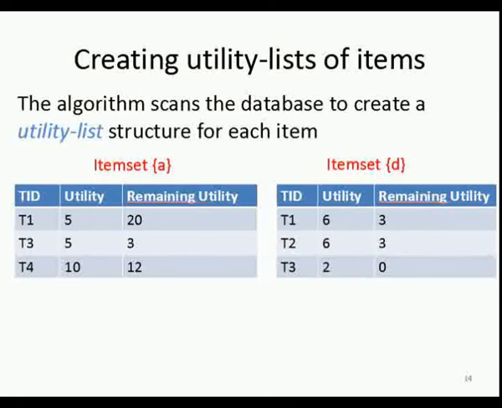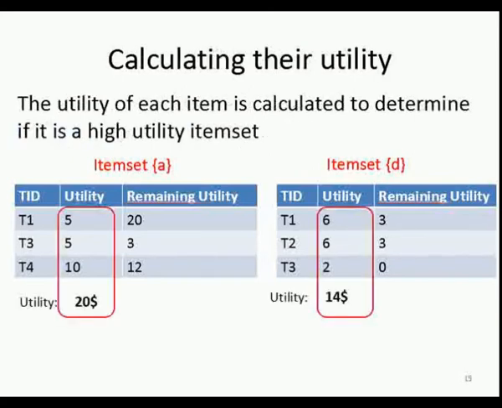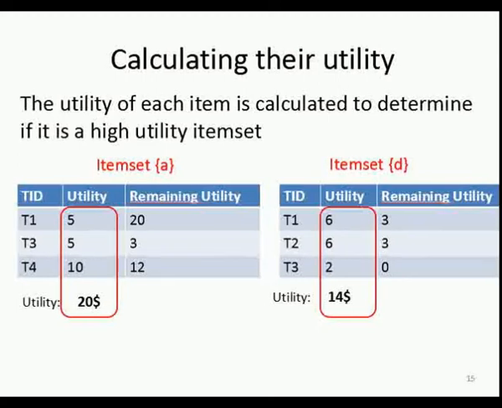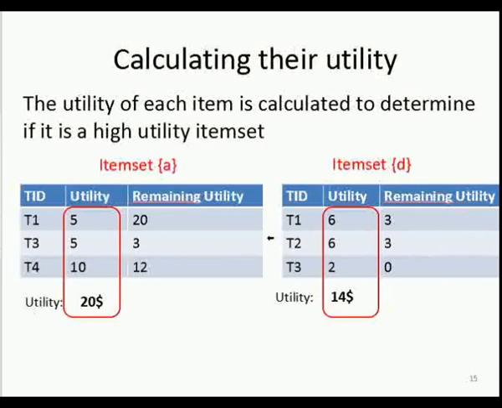So the first step, we create this table called utility list for each single item. Then, from this table, if we want to find the utility of A, we do the sum of the column called utility. So the sum here is $20, for example. And for D, if we do the sum, we find that D has utility of $14.